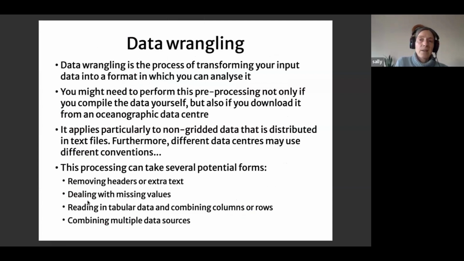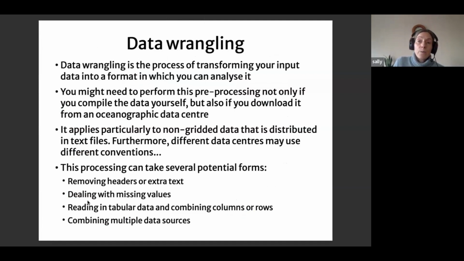So in fact, there's not a generic set of processing steps that you would need to perform in order to transform any data type. It's really just the generic term for cleaning up the data so that your software or your program is going to be able to read the data from the input files.